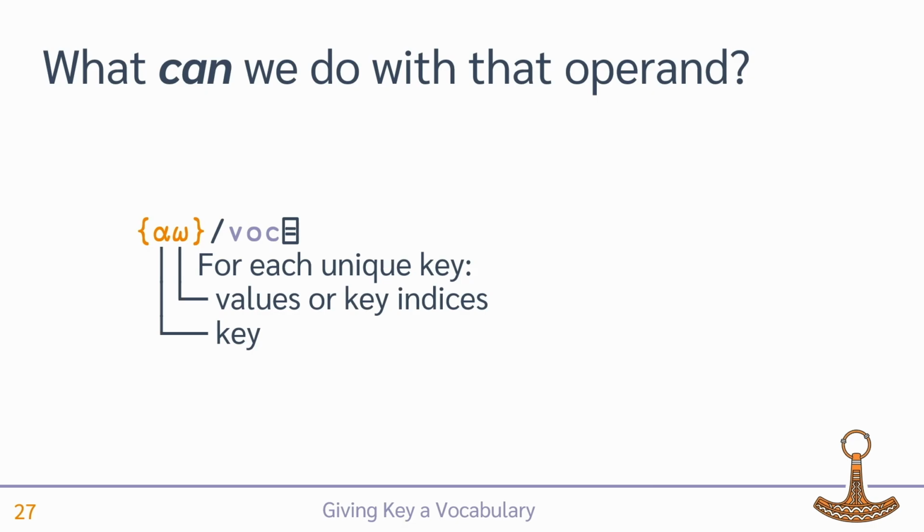But of course, it's a bit silly for key to return us the information about the unique values when we just told key about the unique values. We already have that. So we can pass that in as a separate argument to that function, and then key could just give us the indices information instead.